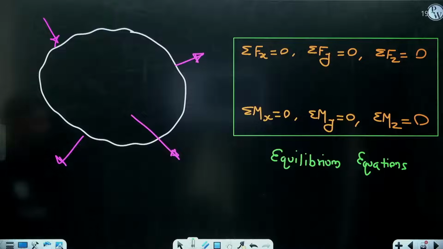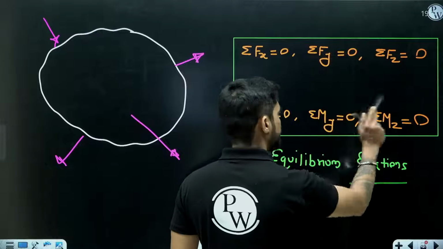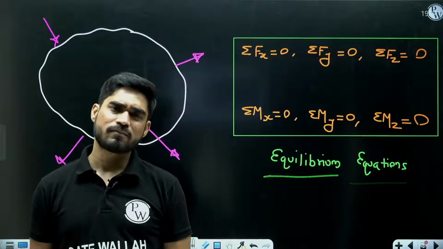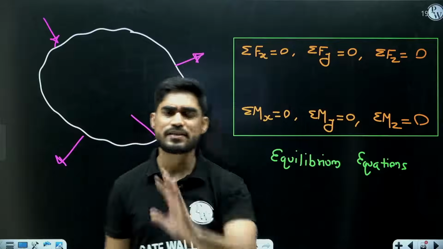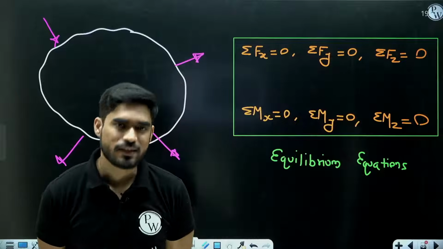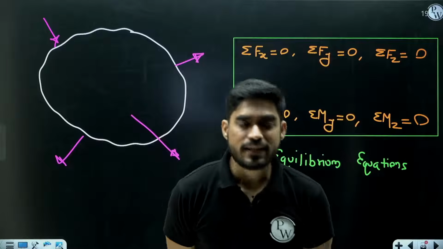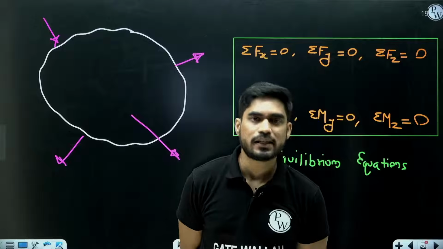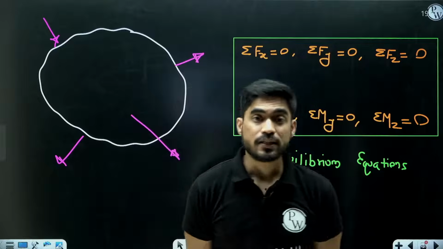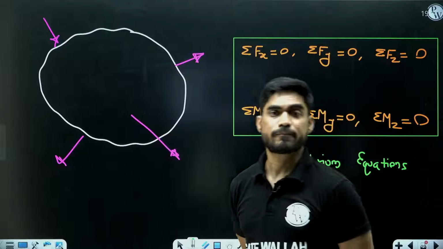Now, why are we studying equilibrium equations? Okay, these equations must be satisfied. But what will we get by satisfying them? If we already know that a body is in equilibrium, why will we write these equations? Understand this. These mathematical equations are used to calculate the unknown forces acting on a body.